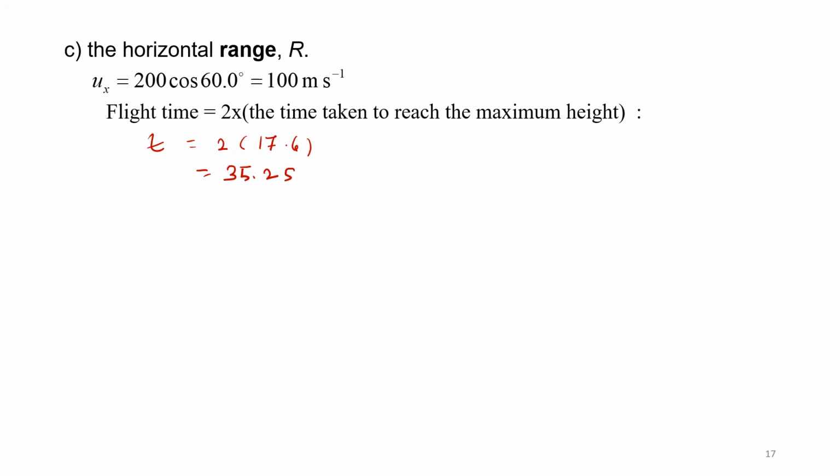After that, we calculate horizontal range R equals Ux T. Ux is 100, flight time T 35.2, we get horizontal range 3,520 meter.